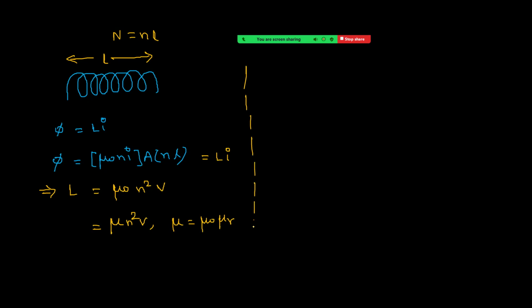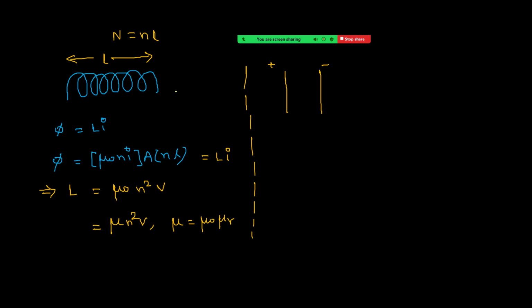And we can take one more comparison between these two. When it comes to a capacitor, it stores electric potential energy in the electric field present between the plates. We know that between the charged plates, electric field is present and electric potential energy is stored in this electric field.